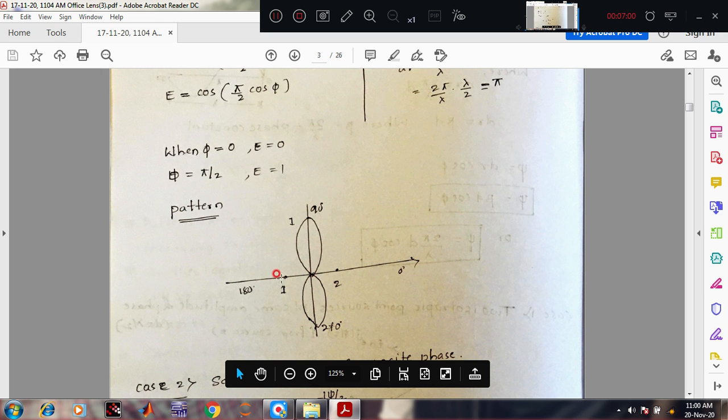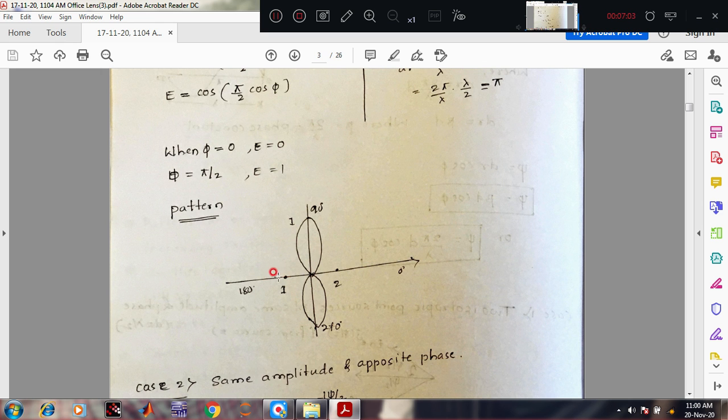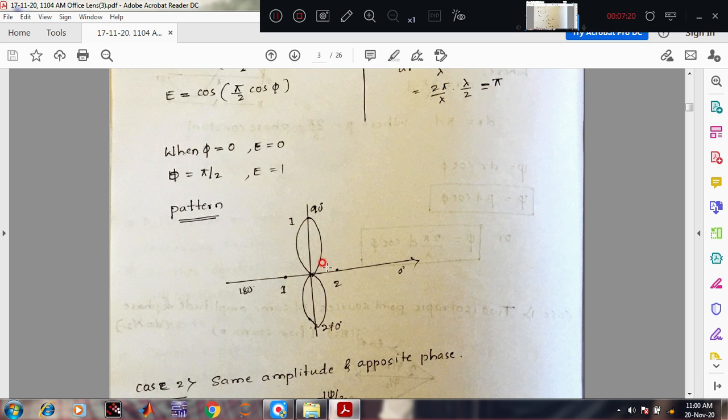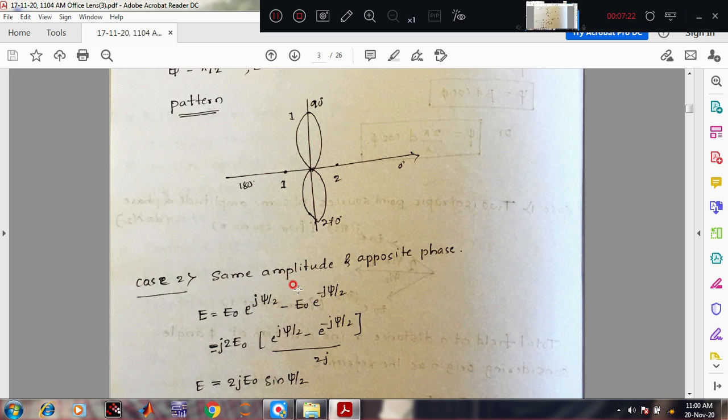Similarly for 180 degrees, the field will be 0. These are the two isotropic point sources, 1 and 2. The conclusion is that the radiation pattern will be more along the vertical axis, meaning at the angles 90 degrees and 270 degrees, and the pattern will be minimum or 0 at the angles of 0 degrees and 180 degrees, right?